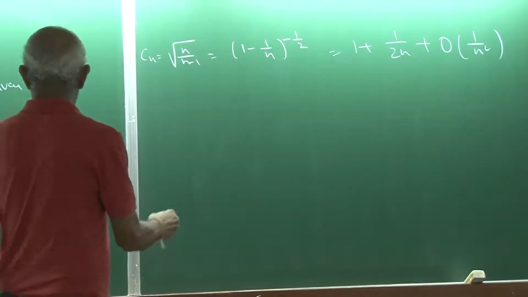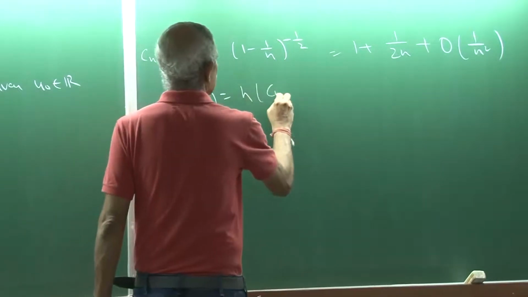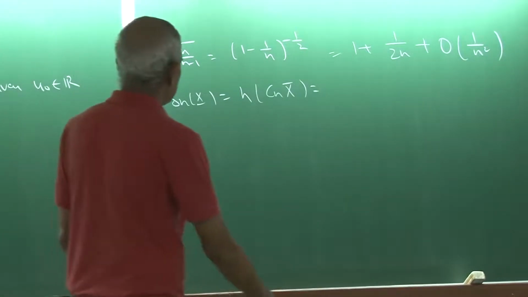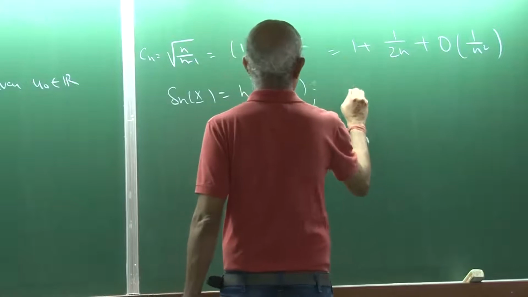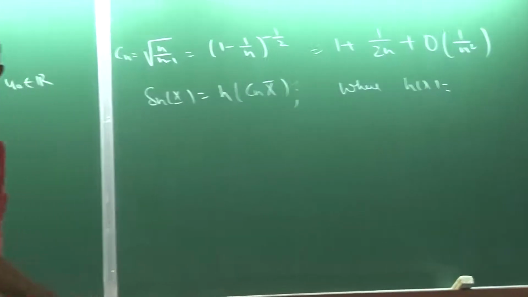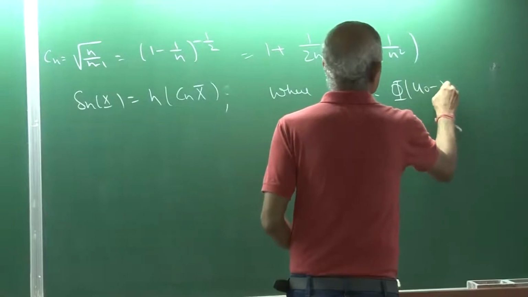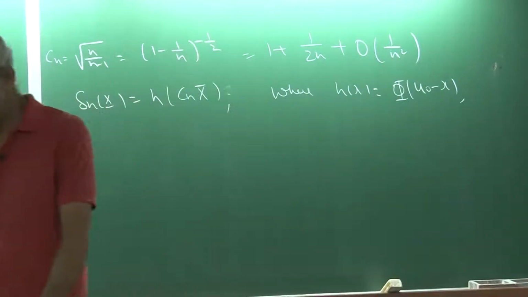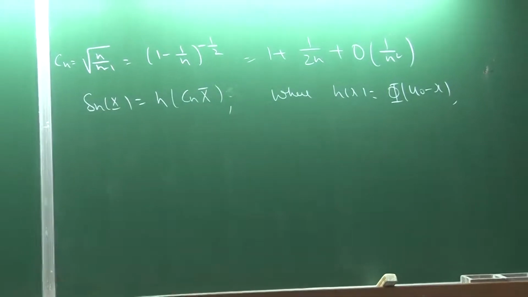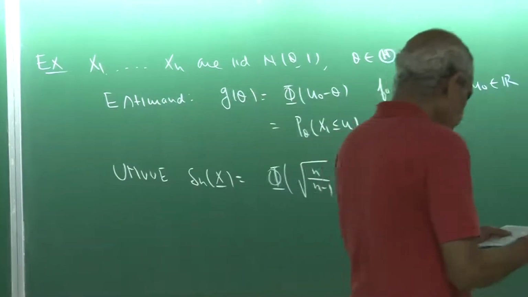So I write delta n of x as h of Cn x bar, where h of x is phi of u naught minus x. The only thing I need to say is that for some k greater than or equal to 3, h should have a kth derivative which is bounded. So let us try to do that one by one.